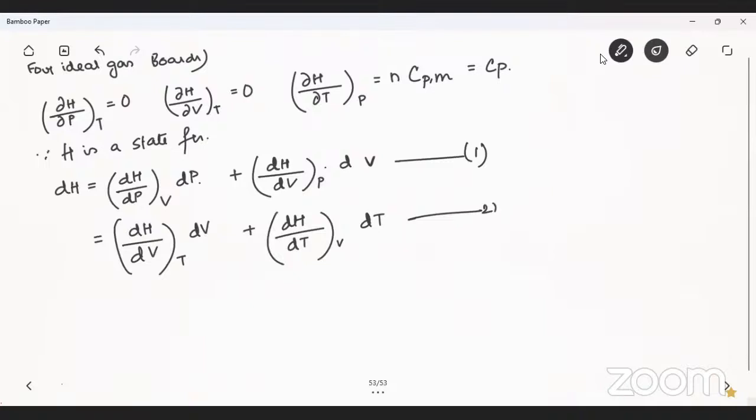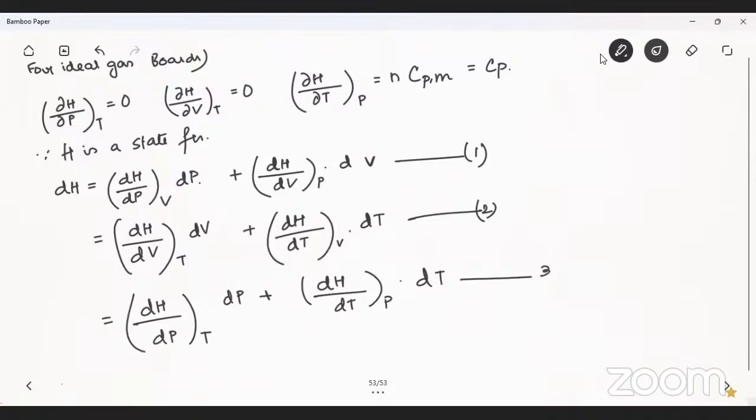This is the second equation. And the third equation, dH by dP at a constant temperature into dP plus dH by dT at a constant pressure into dT. These are the three different equations that we can get from here.